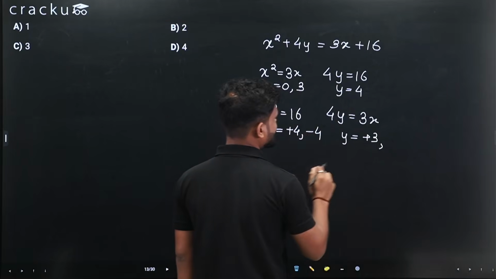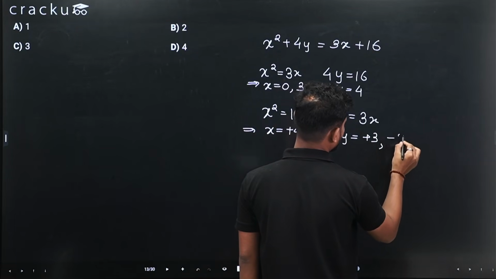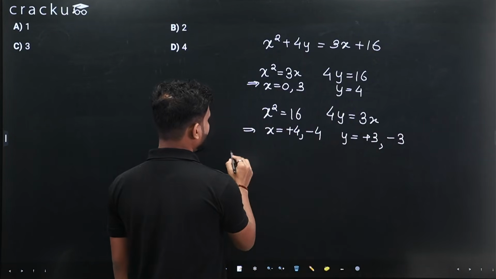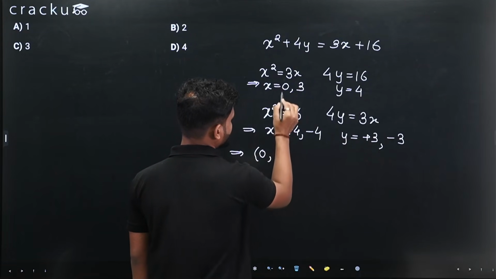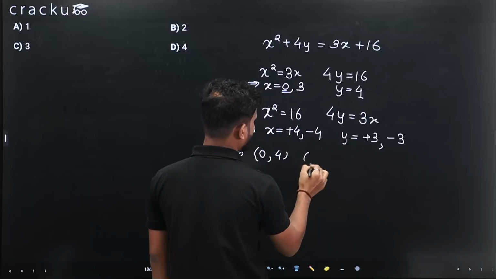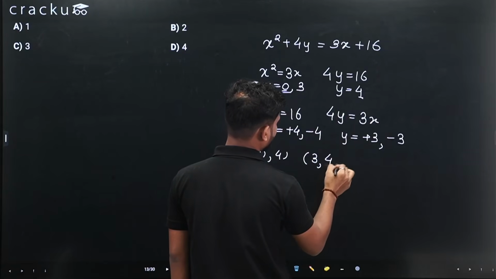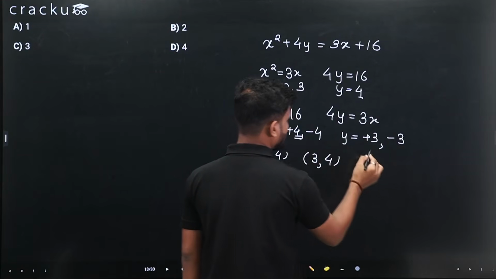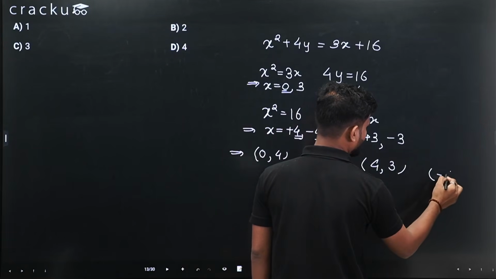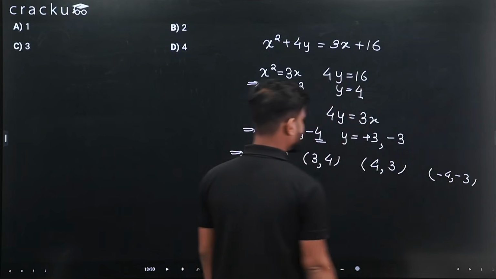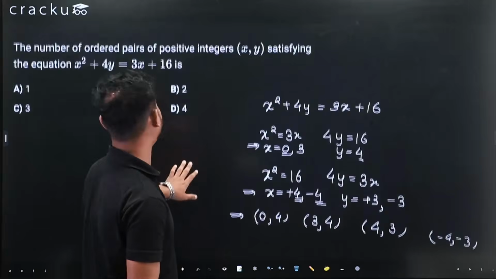If x is minus 4, you get y is equal to minus 3. So how many pairs do you have? You have 0, 4, or 3, 4, or plus 4, 3, or minus 4, minus 3.